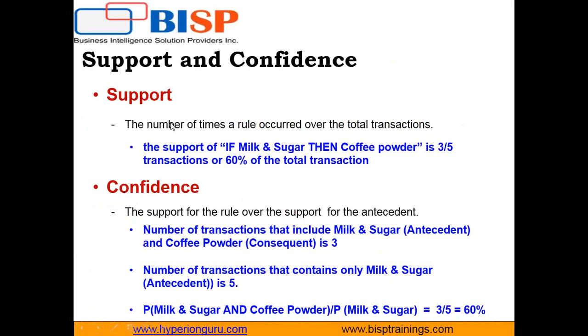Next we have confidence. Now what is confidence? Confidence is a measure of the proportion of transactions with the presence of an item or a set of items which results in another set of items. Or basically, it is the support for the rule over the support for the antecedent.